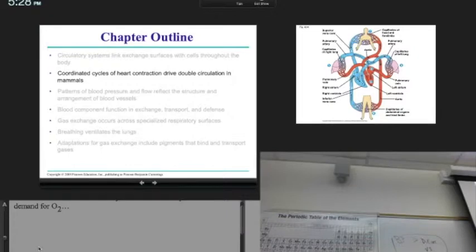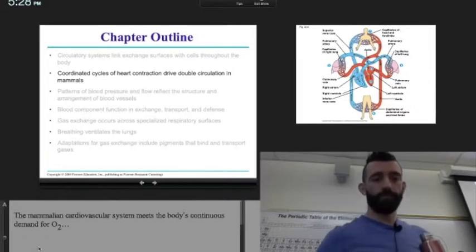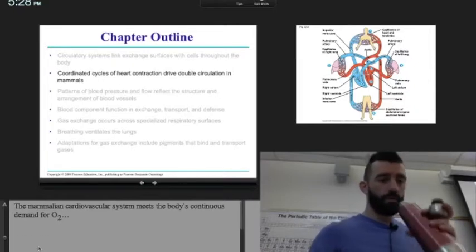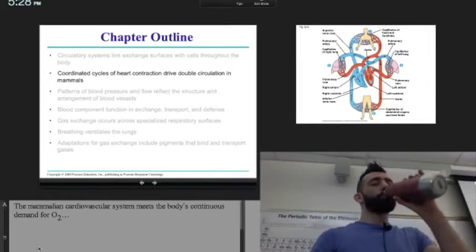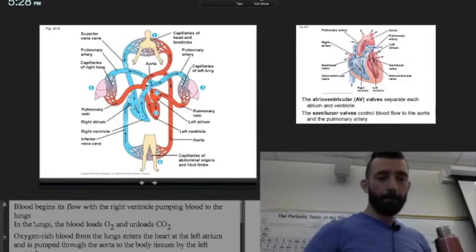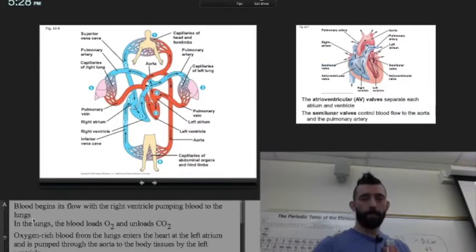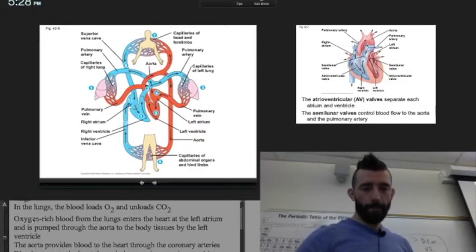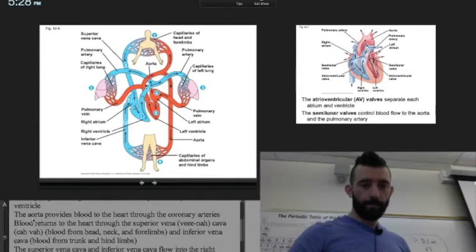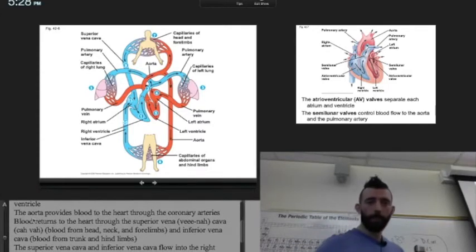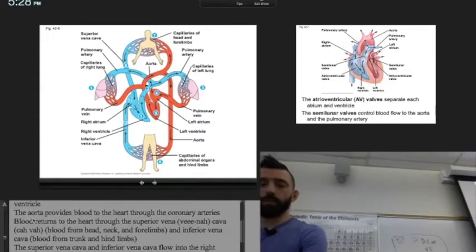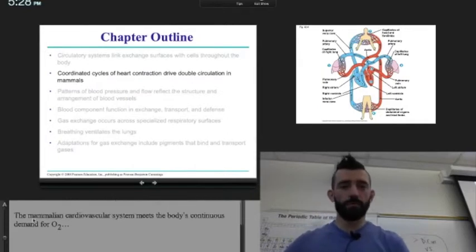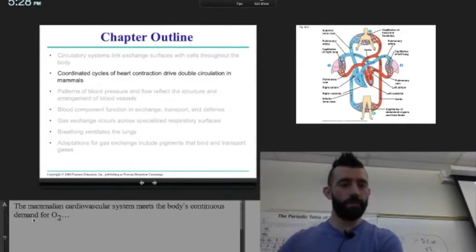But we'll talk about just coordinated cycles of heart contraction in mammals now. Okay, so we're going to do a little tour of the circulatory system now.